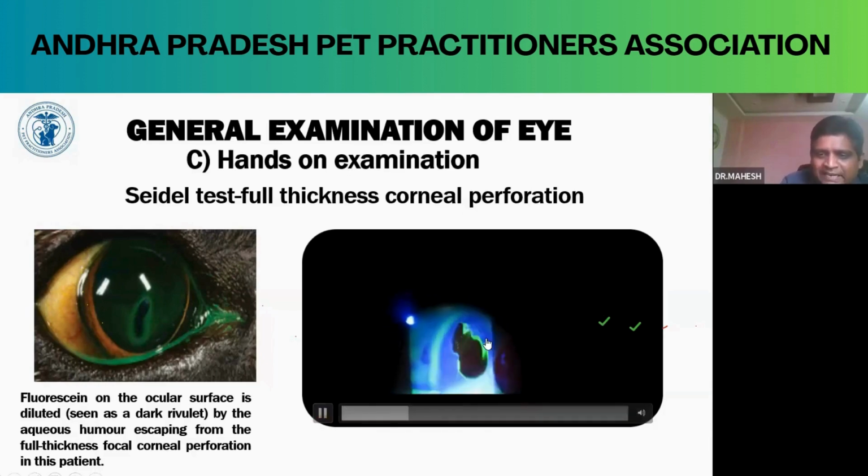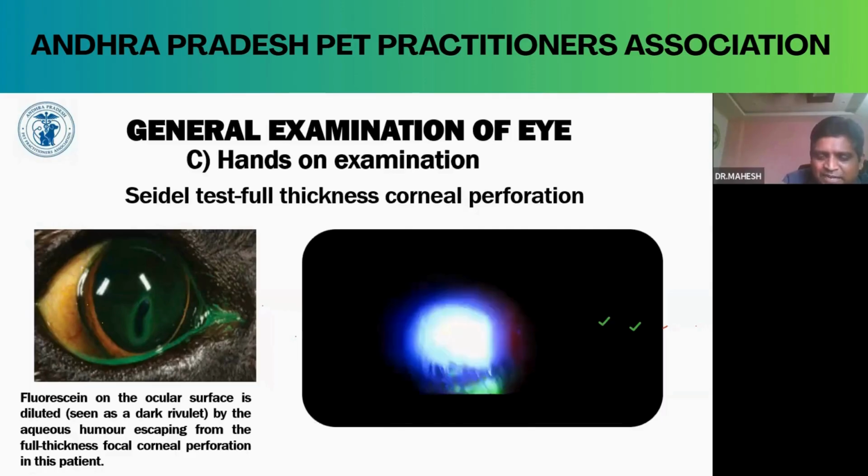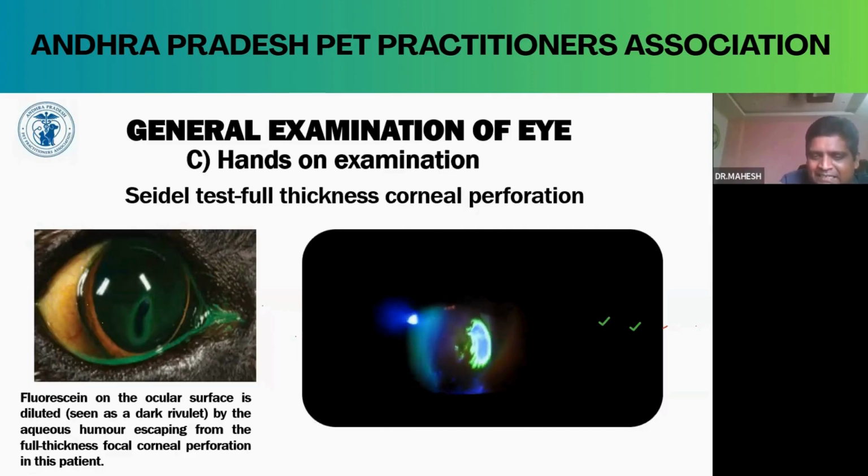The brown thing here is the application of the dye strip. Whenever you apply it, you observe the green color, later it is diluting and giving a black color because of the leakage of the aqueous humor, which dilutes the dye.